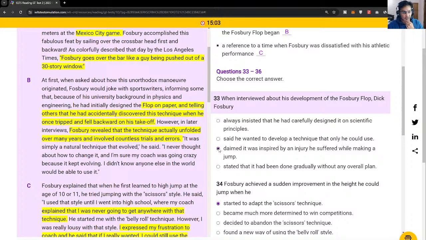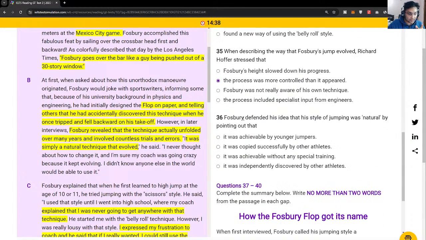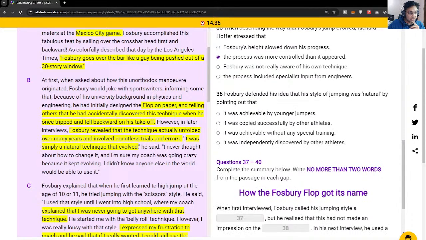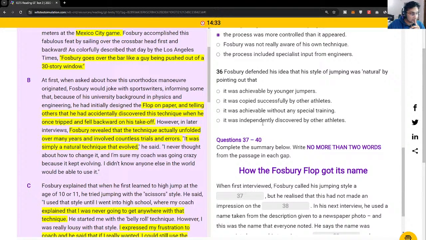Claimed it was, in 33 seems to be C. It was inspired by an injury he suffered. No, it's D. Stated that it had been done gradually without any overall plan. Natural technique that was evolved. 33 is D. 34 is A. 35 is C. Let's have a look at 36.